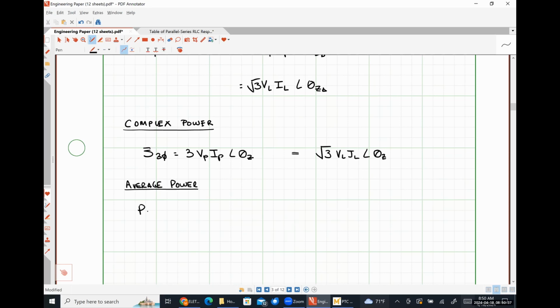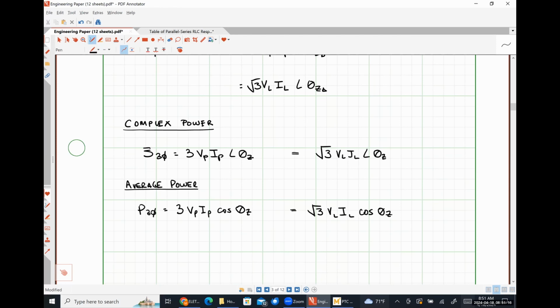So P, three phase, is going to be 3 VP IP cosine theta Z. And expressed in terms of line quantities, that's going to be √3 VL IL cosine theta Z.